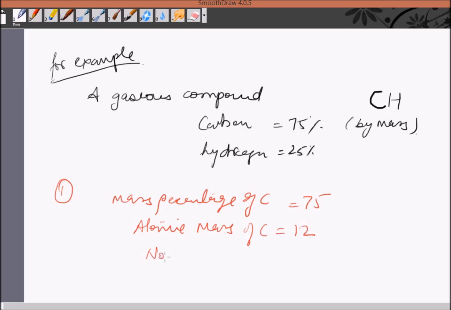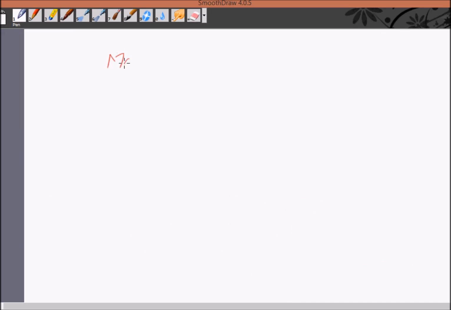So what is the number of moles of carbon atom present? Just 75 upon 12, which comes out to be 6.25. And let's calculate for the hydrogen.